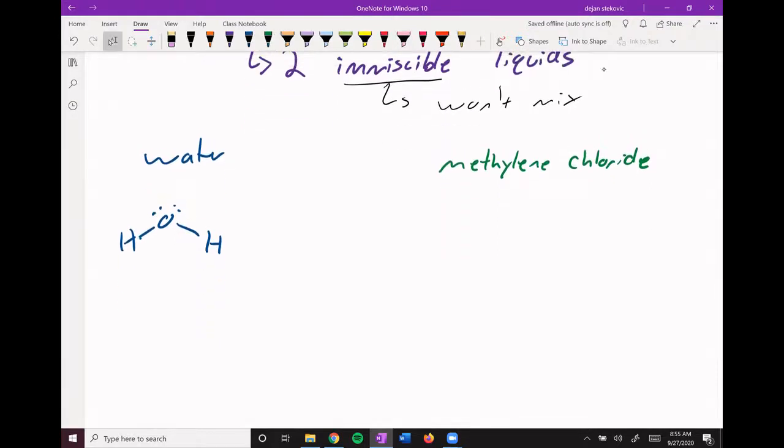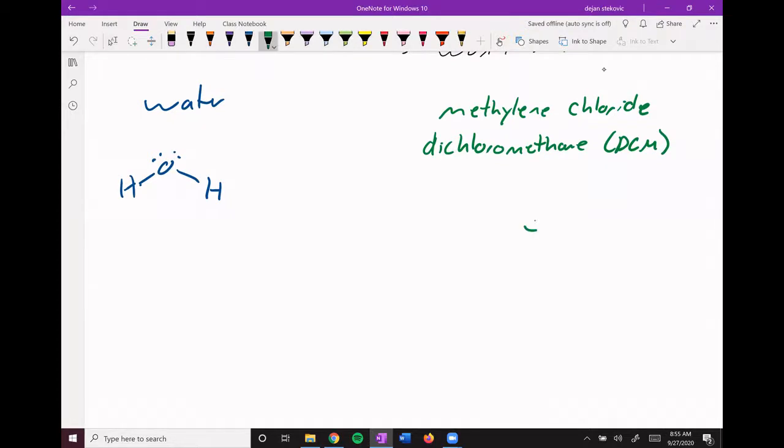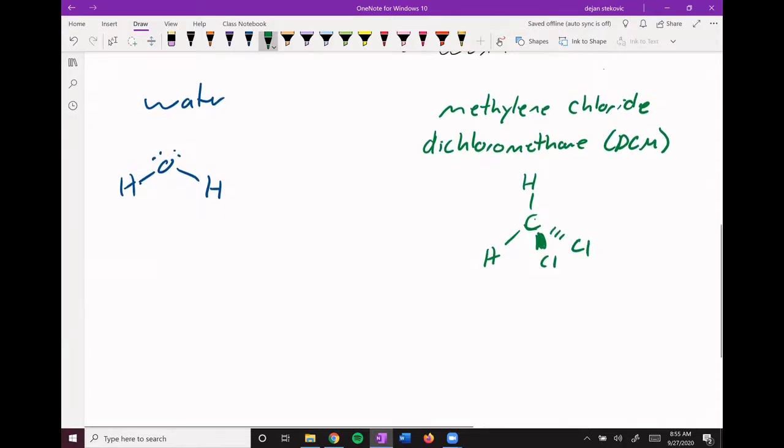The other popular one is dichloromethane, which also gets abbreviated as DCM. So you might hear me call it DCM in the video. It's just methylene chloride. And so this is a methane group with two of the hydrogens being substituted out by chlorines. So it looks like that.